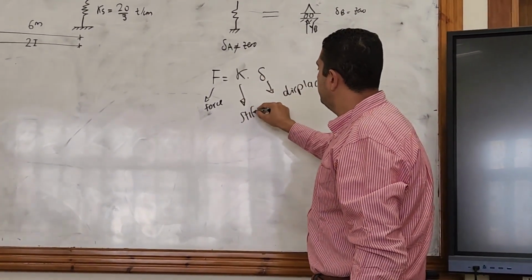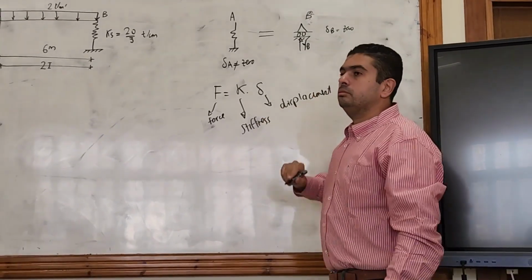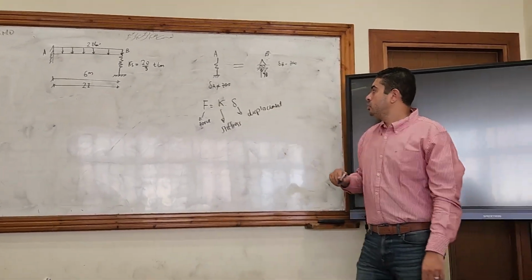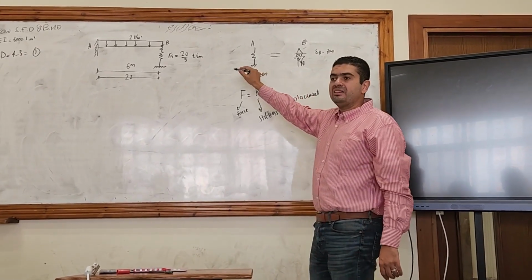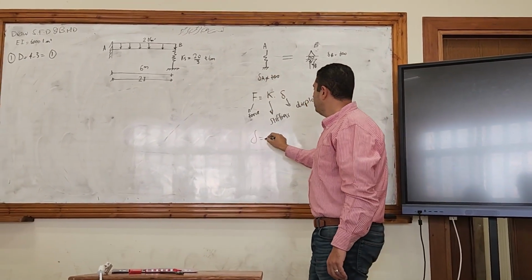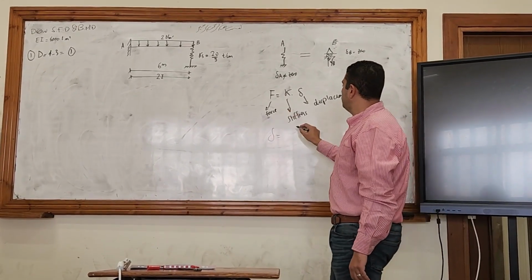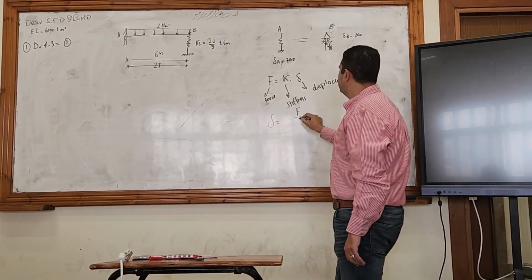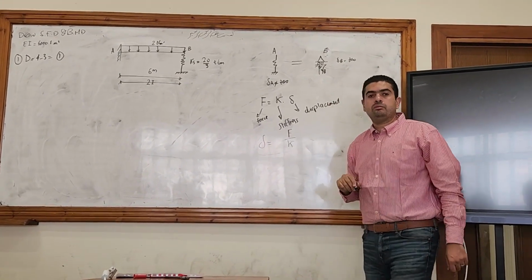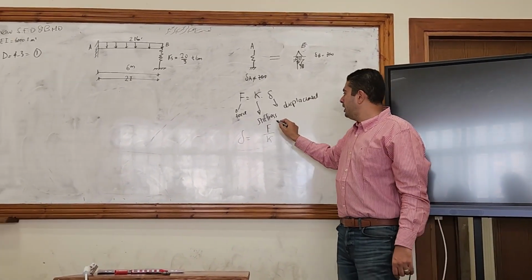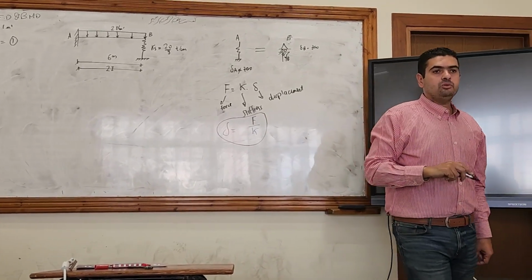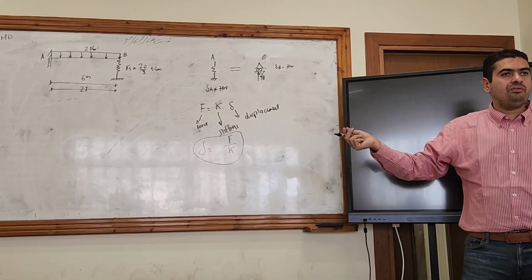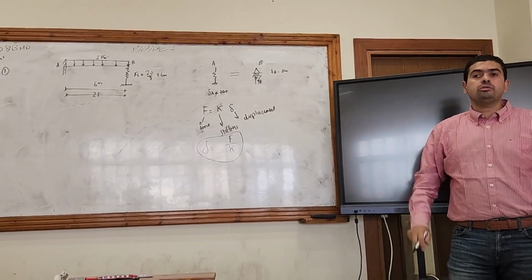K is the stiffness. So if I need to calculate the displacement at the spring, it will be equal to the force divided by the stiffness. Right? So I have to memorize this equation. I will use it at the end of the solution.